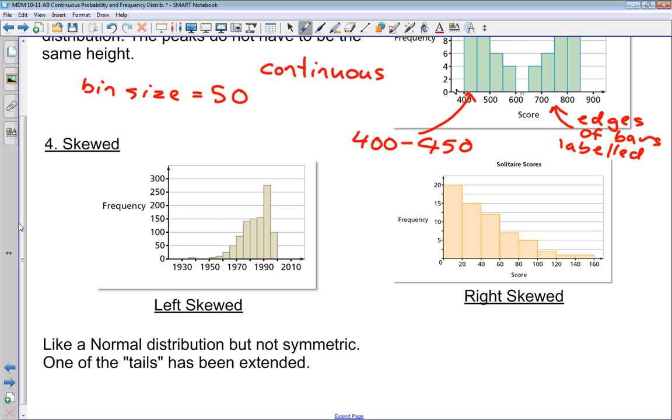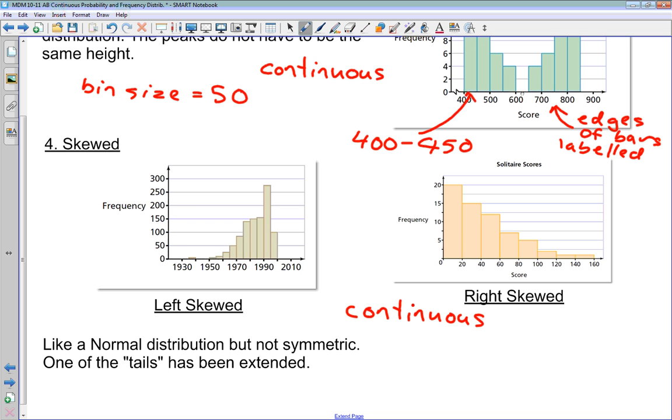And this one over here, the right side, it's like this tail has been pulled out and extended, or we have more stuff on the right than we would expect, so we call this a right skewed distribution. Okay. And again, these are both examples where they have done the graphing for continuous variables. Notice again, when we're looking at our scores here, it's the edges of each of these bins that are labeled here.